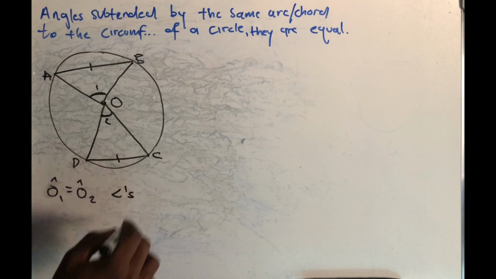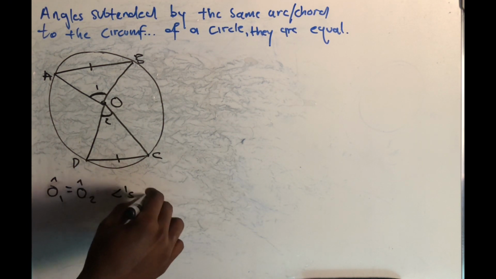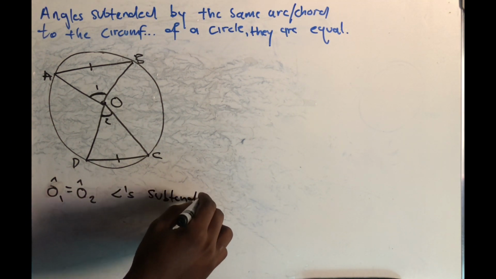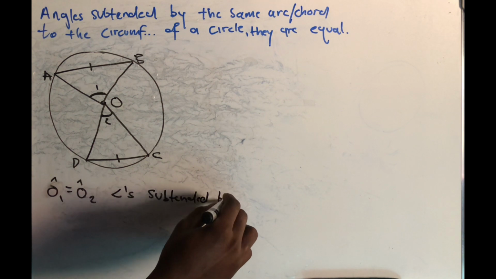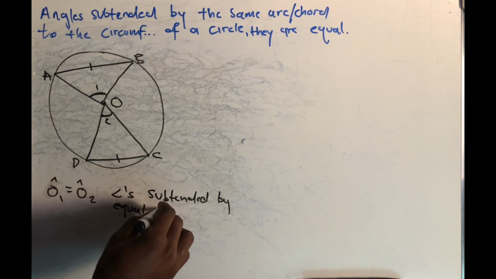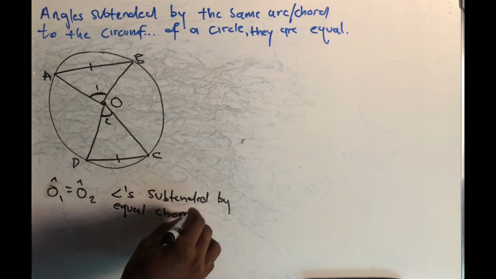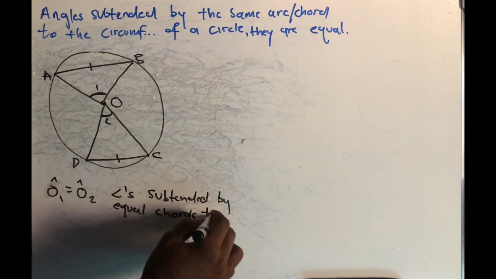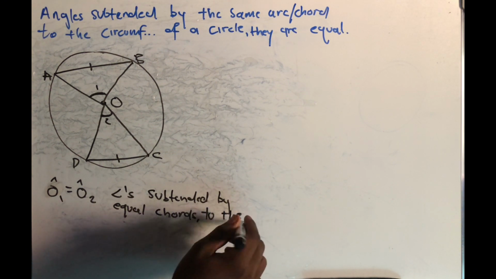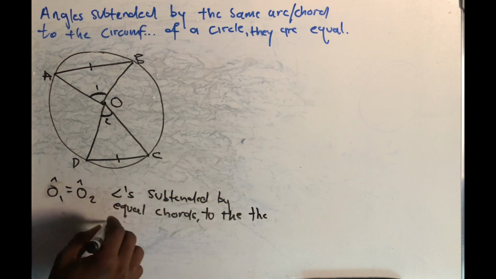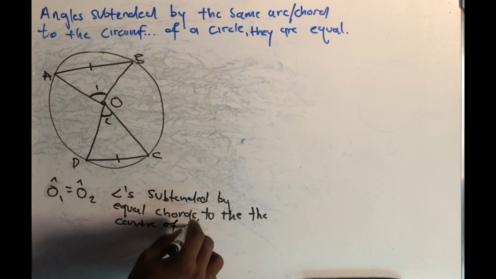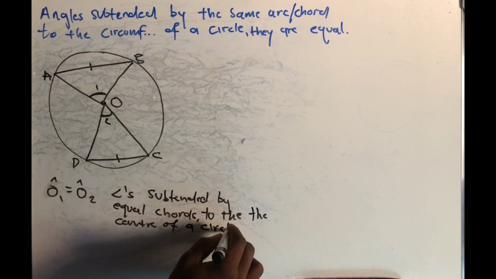Angles subtended by equal chords to the center of a circle.